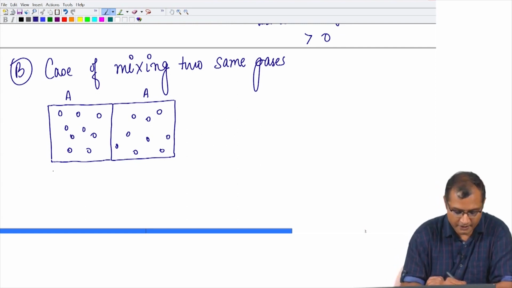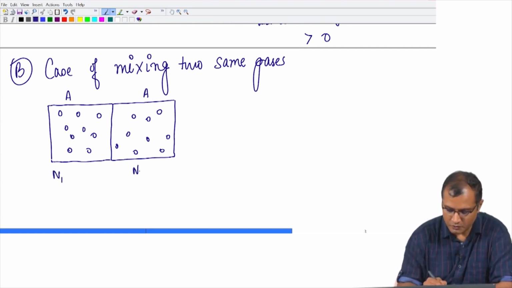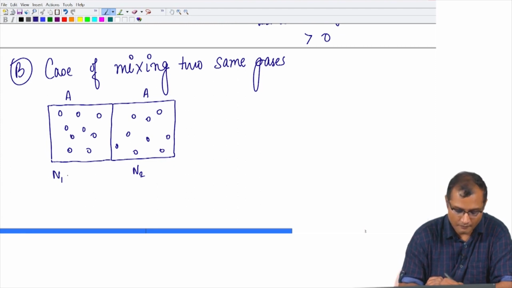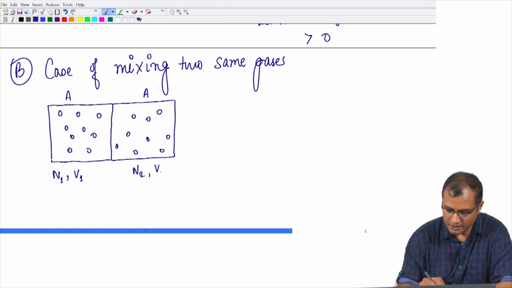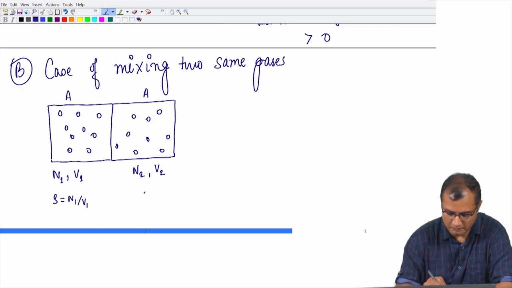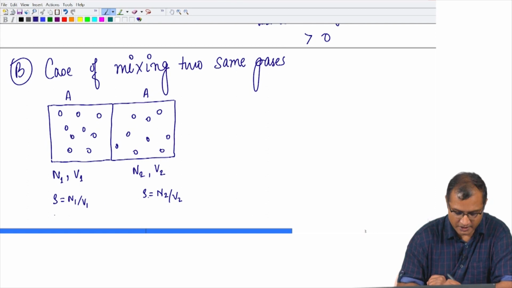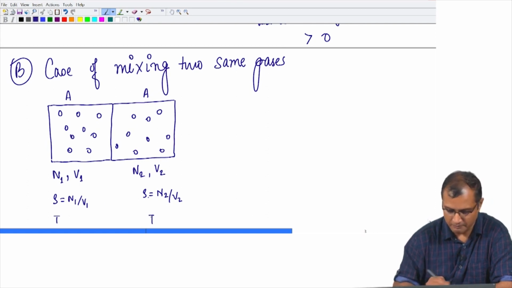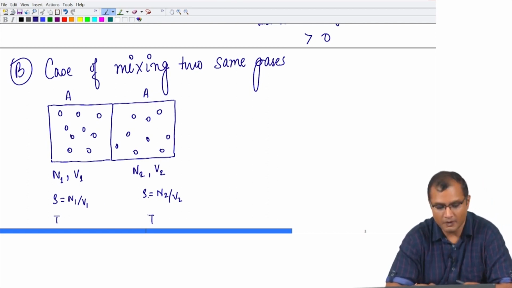and I have taken N1 particles and N2 particles. The volume of the container here is V1 and the volume of the container here is V2, and I am taking the density to be the same. So, both sides I am taking density rho and I am taking the temperature to be the same. Okay.